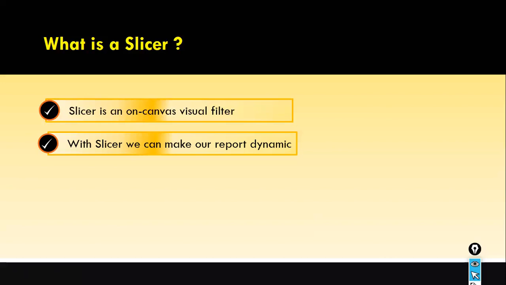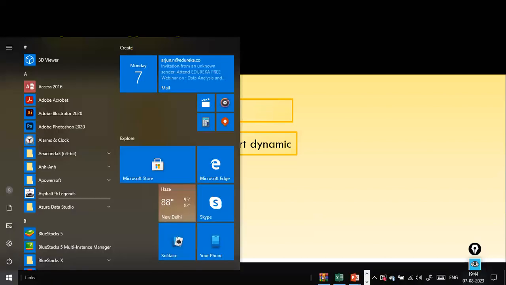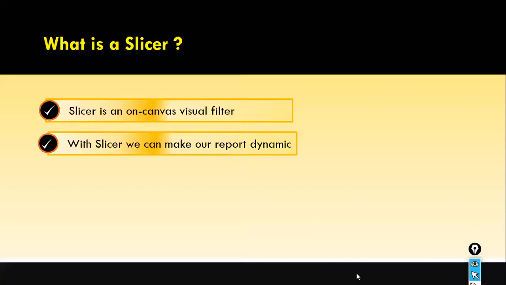In the case of Power BI, you keep it on the canvas and enable the user to apply filters, so that in a single report page itself they can see different flavors of the report. So that is what the slicer is all about. That's how you can use the slicer.